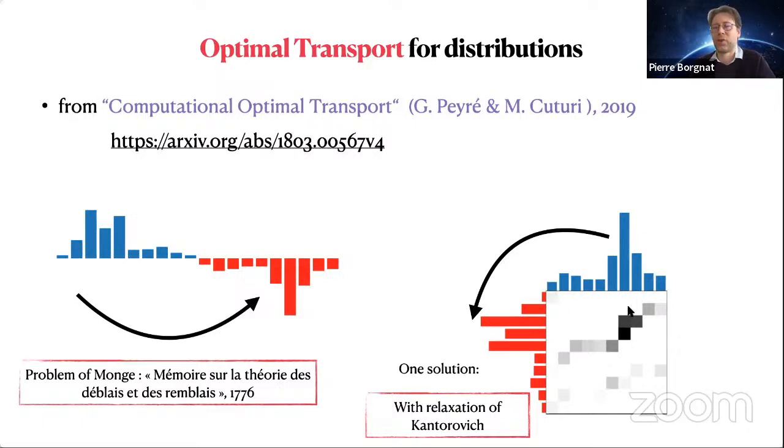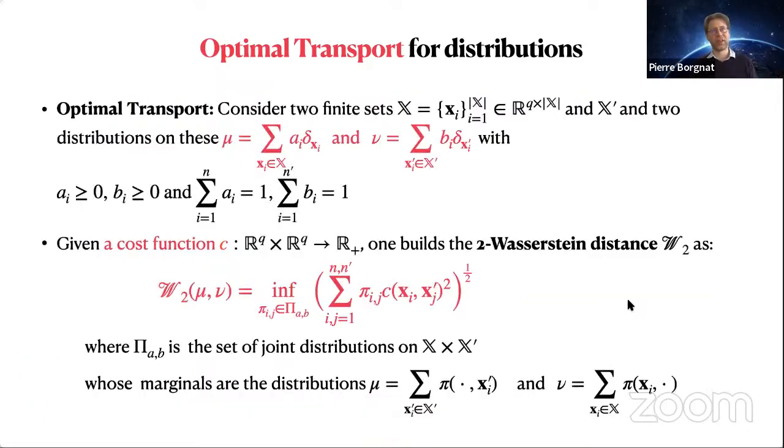So mathematically, that means you are considering two sets and their associated distributions, here mu and nu, which you normalize, and you want to find, given a cost function, which is the cost of displacement of your distribution, so the displacement of earth from one place to another in the Monge problem, you want to minimize the full cost of displacing the initial distribution toward the target distribution according to this cost, and P_ij is the coupling, saying that you are moving a part of the distribution from i to j.